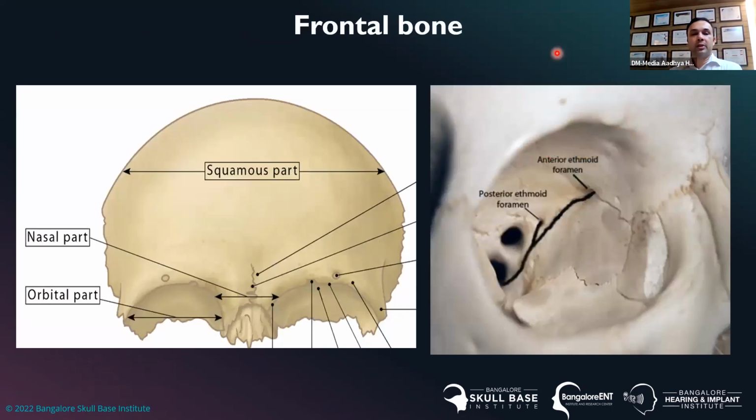Right. When you look at the frontal bone, the orbital plate of the frontal bone is extremely important to us as far as the anterior cranial fossa is concerned. It's got two important foramina, which transmit the anterior and the posterior ethmoidal arteries, which are branches of the ophthalmic artery, which arises from the internal carotid system. So how do we identify these structures?